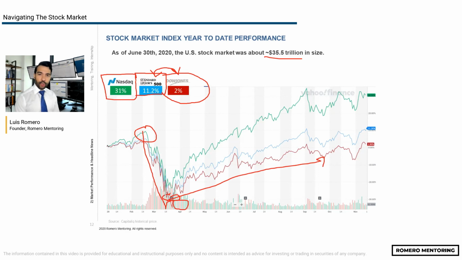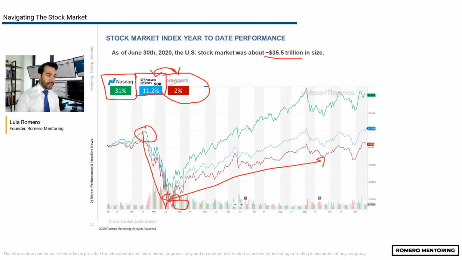Also, the Fed started to inject liquidity, they lowered interest rates, and they started to buy bonds directly in the market. So they put a floor on the bond market in the US, and the US bond market is estimated to be around $8 trillion. So that was massive liquidity injected into the economy by Congress and by the Fed that put a floor on the market.